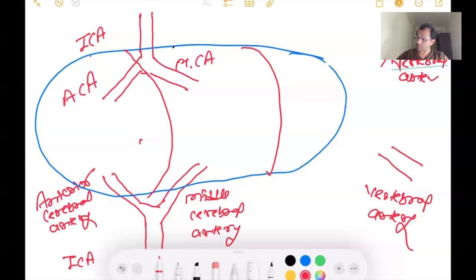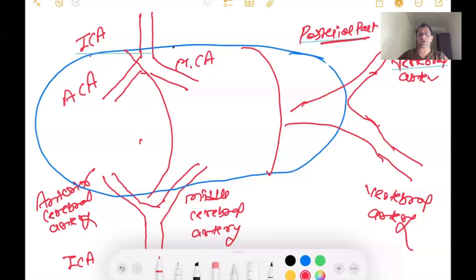So they are coming like this, and before supplying they become one. This is the vertebral artery which supplies the posterior part of the brain.